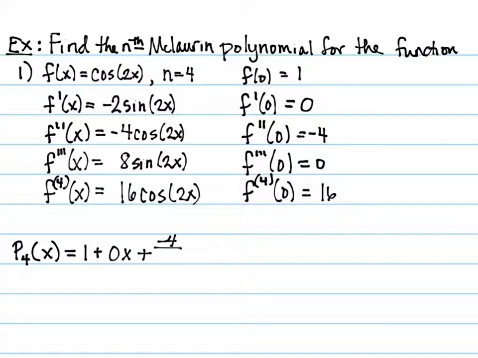And once I get to my second derivative, I'm dividing by factorial, so this is over 2 factorial. And it would be x squared. And then, again, I actually have 0 for my third derivative, so it's 0 over 3 factorial times x cubed plus, and then it's 16 over 4 factorial times x to the 4th.